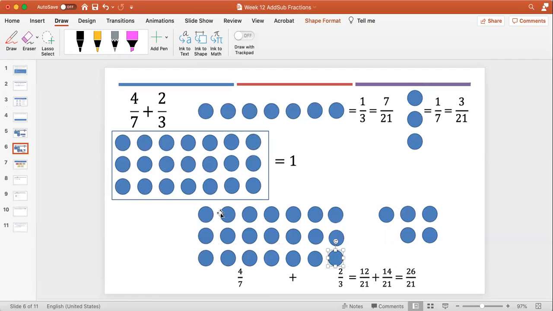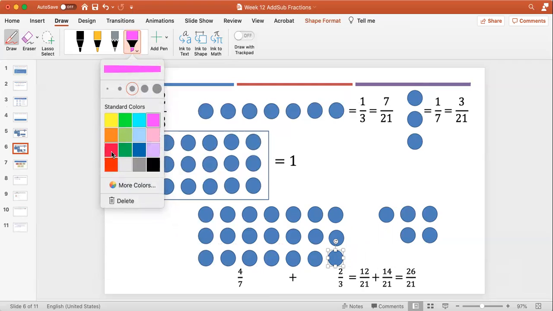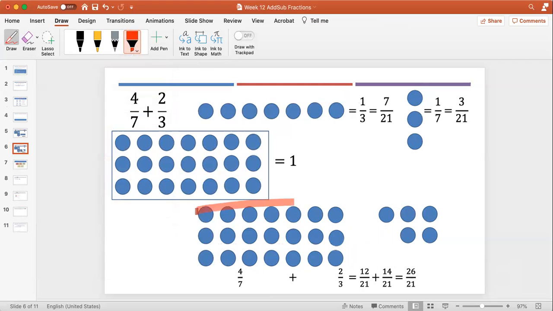Oh, look at that. Here's my 7/7. Do we see how this, I'll use red, now I was able to create one whole? It's the same as that. And now what do I have left over? 5/21, 5 out of this whole.